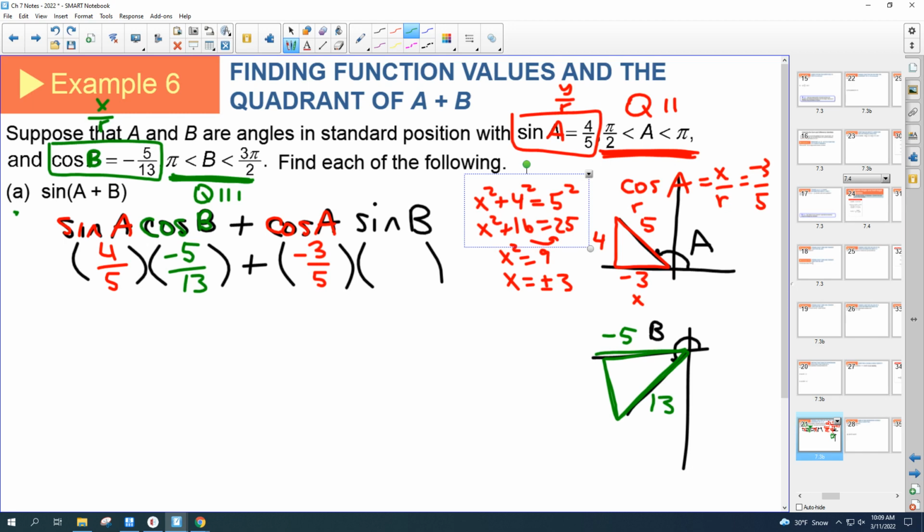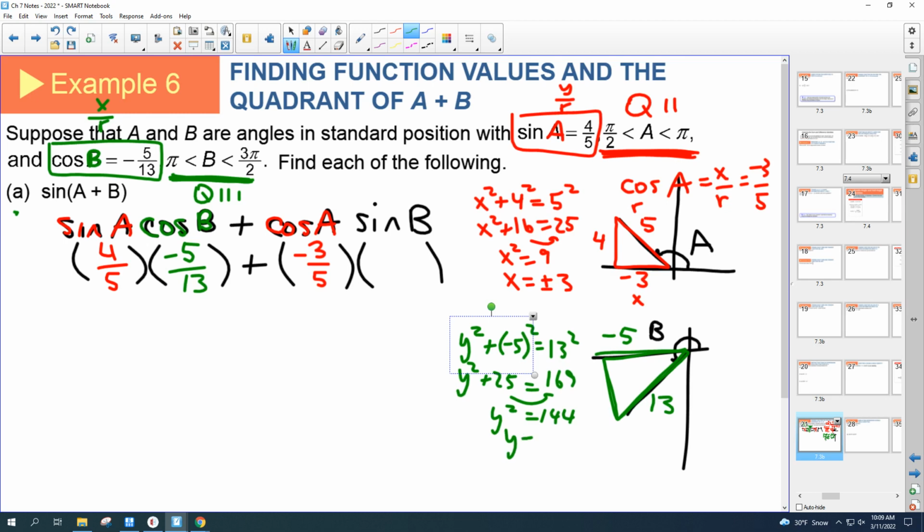Right now, you probably don't know it. So you'd say y squared plus negative 5 squared equals 13 squared. Y squared plus 25 equals 169. Subtract over, y squared equals 144, square root, you're going to get plus or minus 12.